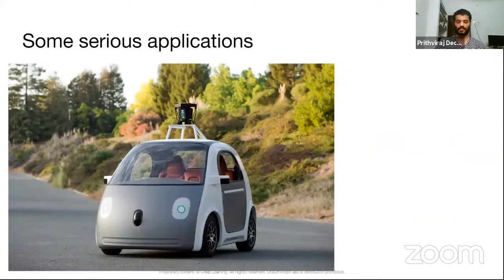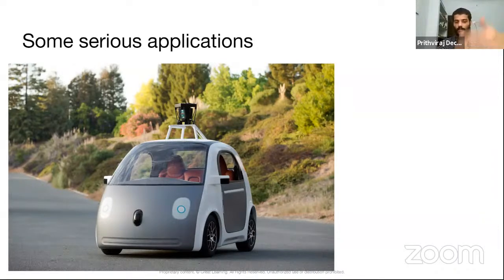Now, keeping that aside, there are some other serious applications of artificial intelligence, as we discussed earlier. Self-driving cars. So this particular car is from the company called Waymo, which is owned by Google, and this car has been able to pretty much do almost everything that a human can.